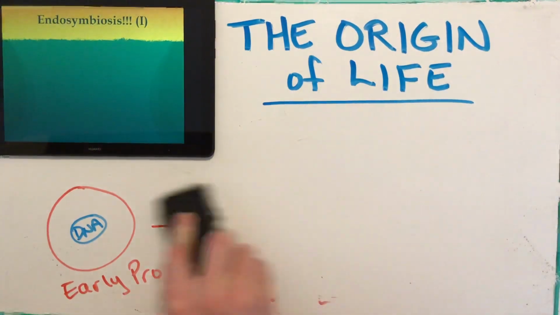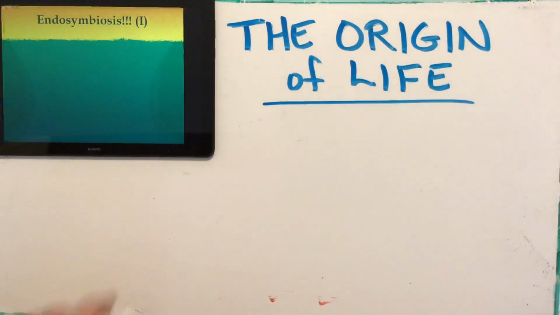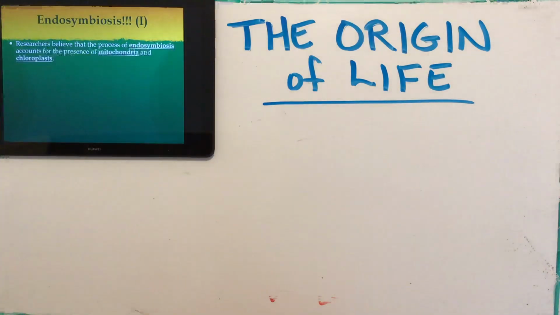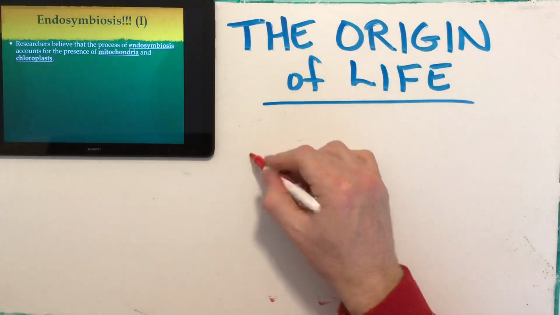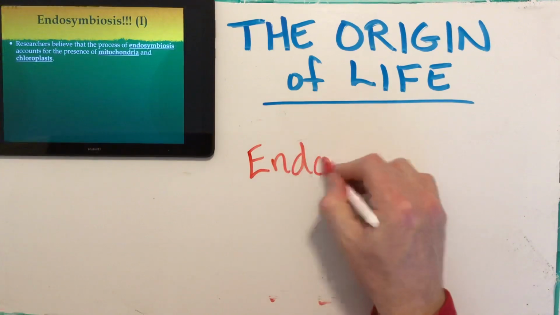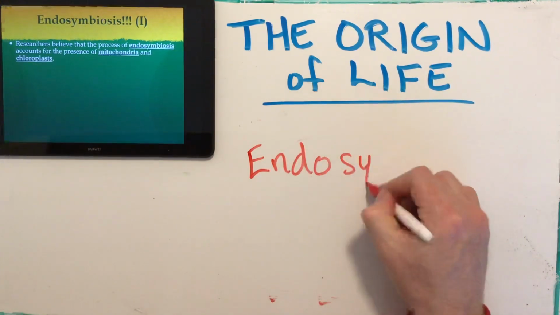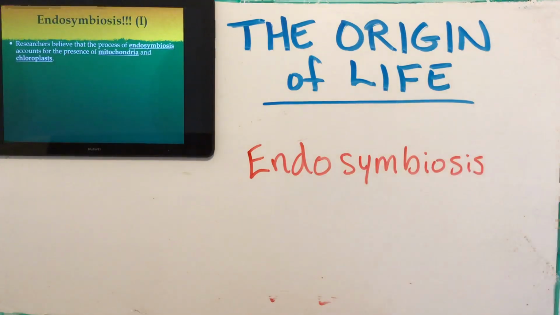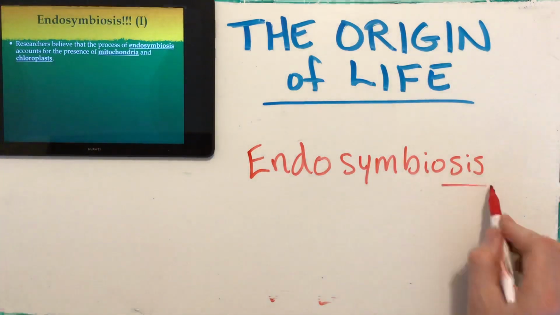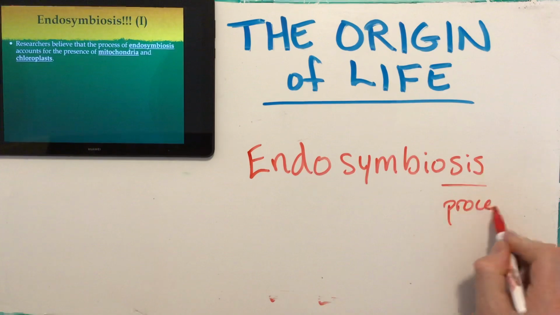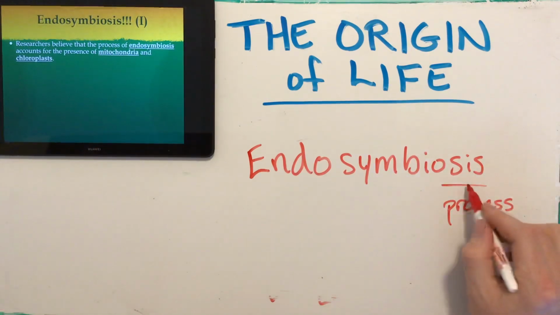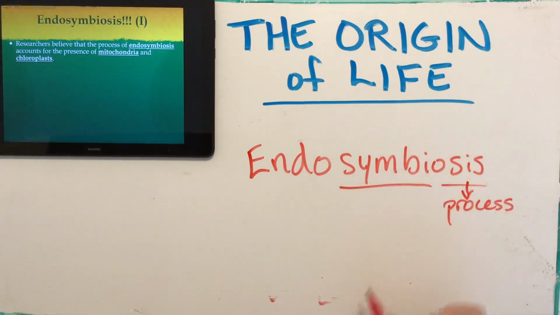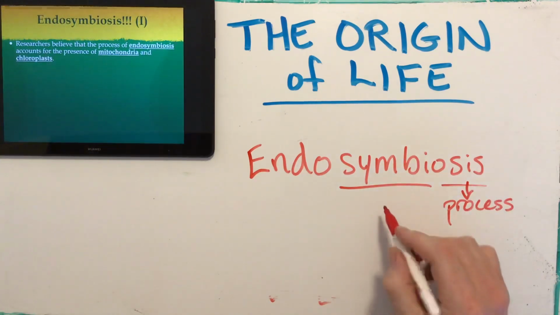So, if we look at endosymbiosis, the term endosymbiosis. All right? The sis on the end just means a process. Whenever you see that, sis means process. In grade 9, I believe, you do symbiotic relationship.